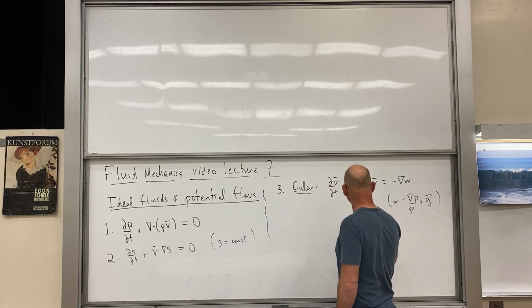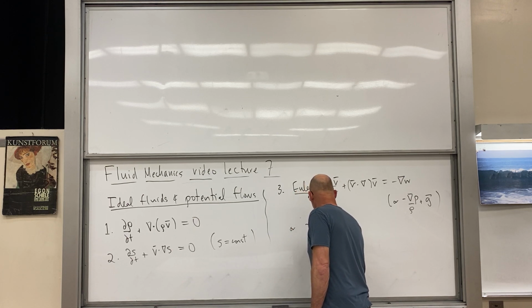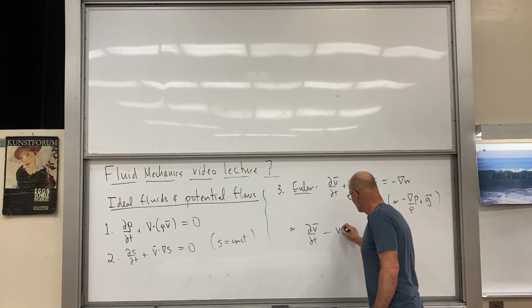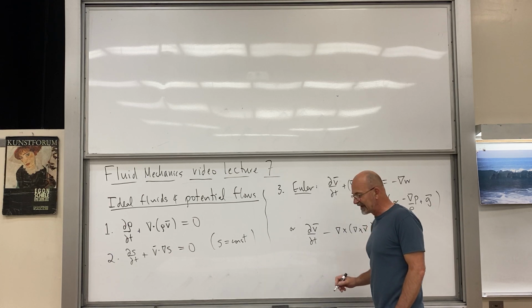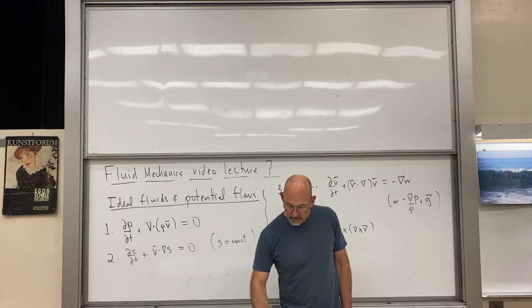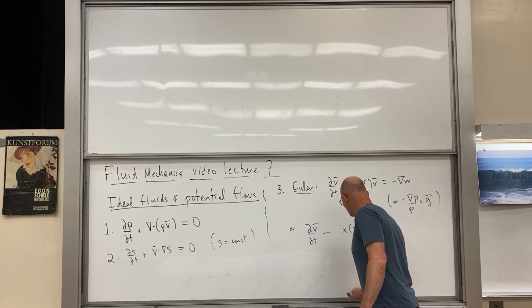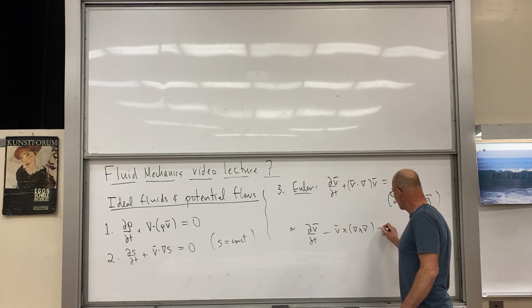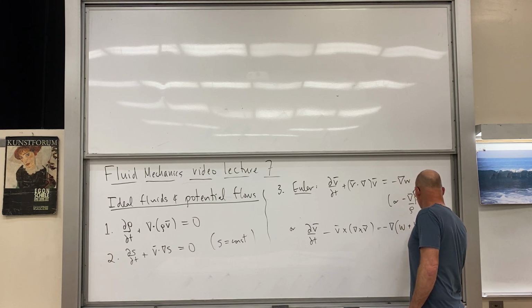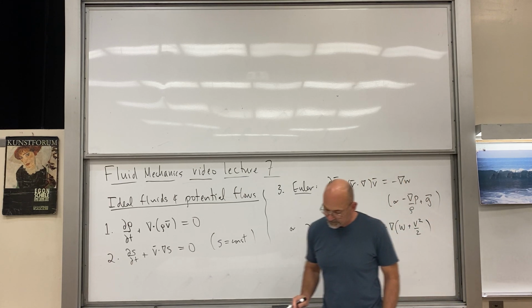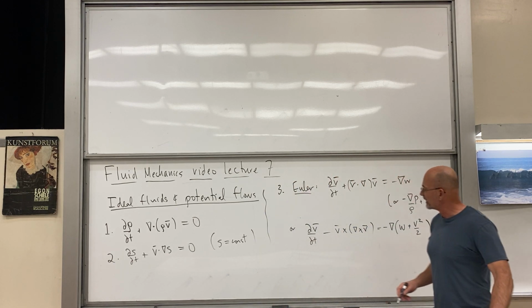Yeah, we have dV dt minus V cross curl of V, sorry, minus V cross curl of V. And then we have the minus gradient of W plus V squared over 2. Okay, I thought this was all going to fit on one board, but that's all right.